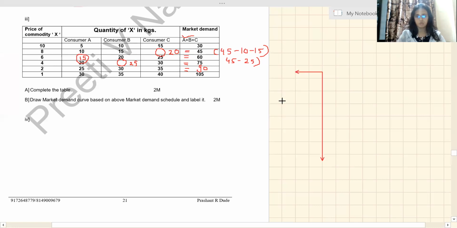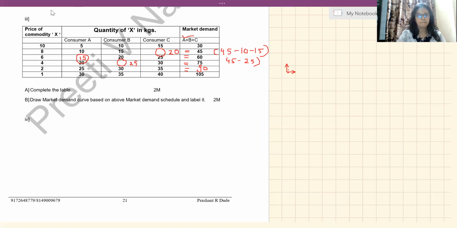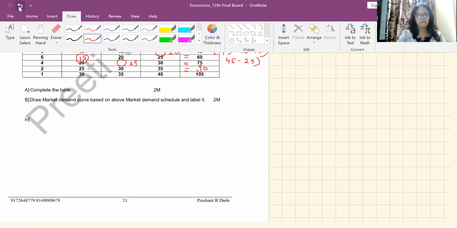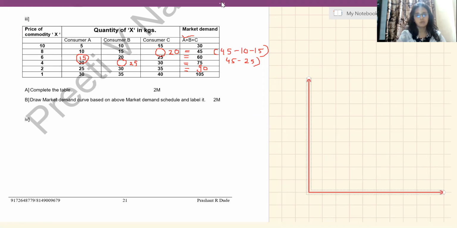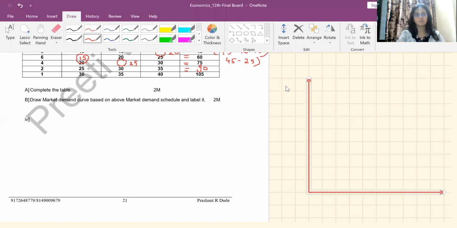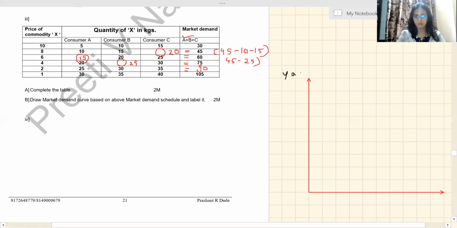Now let's draw the market demand curve. Draw with me. Okay, we will draw the x-axis and y-axis. Draw with me, because I'm going very slow, because I'm drawing with a pen tab and my speed is also slow while drawing with it.